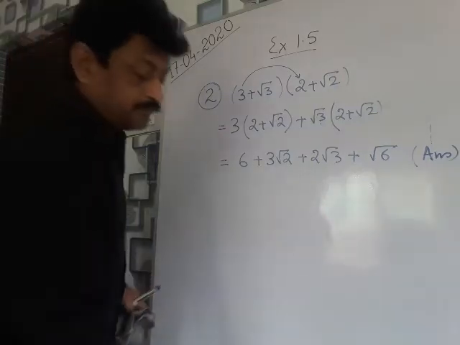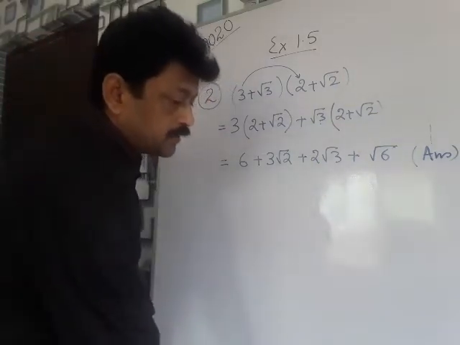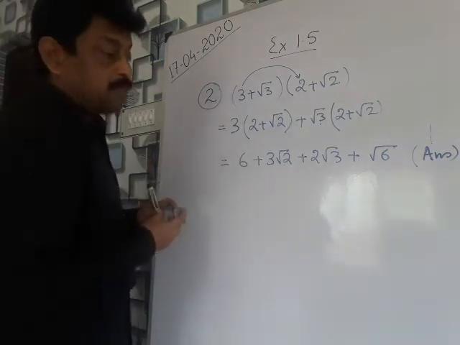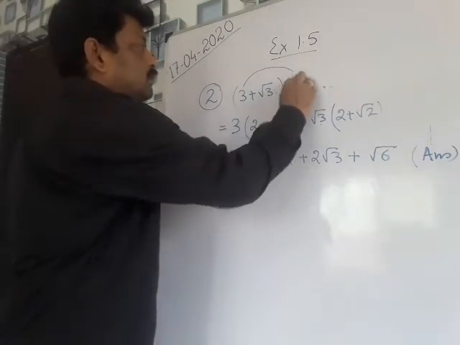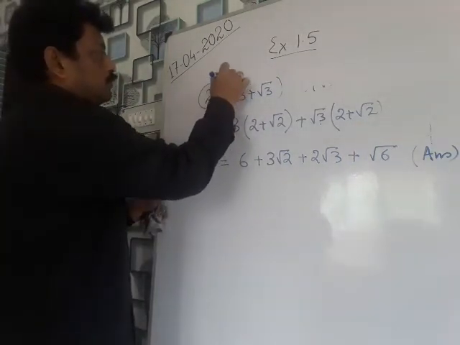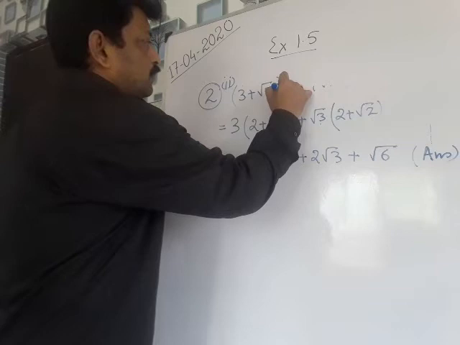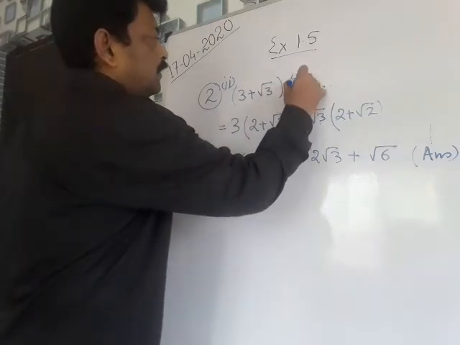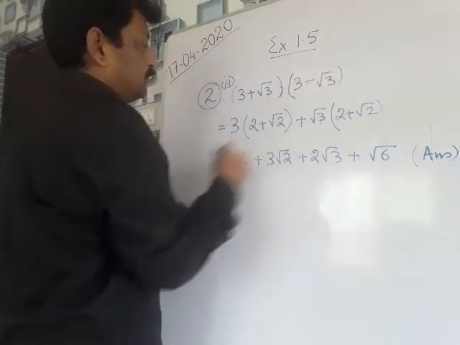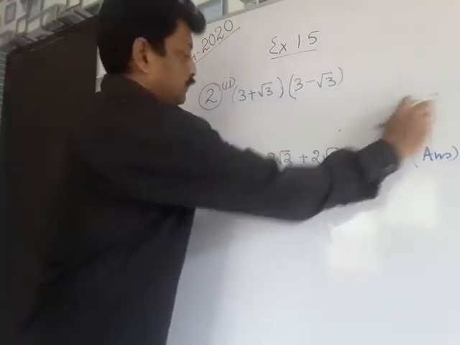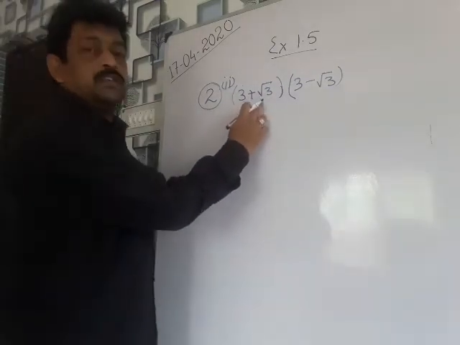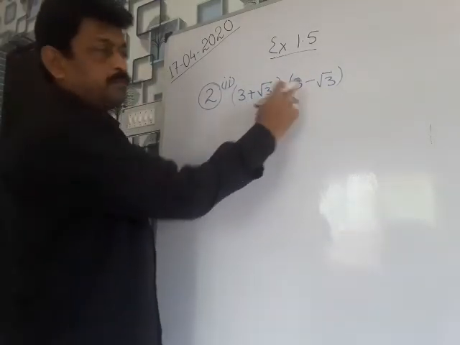Now the second question. The second question is 3 plus root 3 and 3 minus root 3. This is question number 2 now. I am doing Roman 2. As you see, it is in the form a plus b into a minus b.